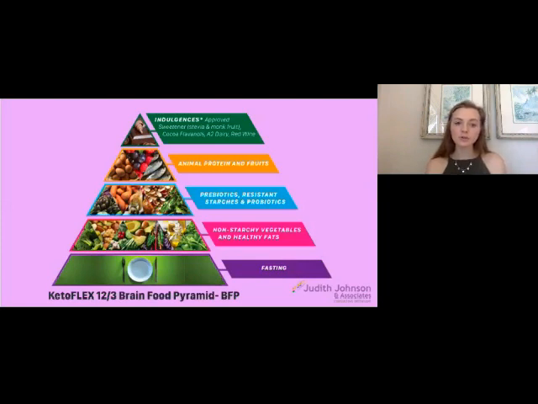The 12 refers to the 12 hours between the end of dinner and the next day's first meal or snack. And obviously, as a minimum, we want to aim for 12 hours of fasting and 12 hours of eating. But depending on your genetics and any medical concerns you have, 14-10 hours is actually ideal.